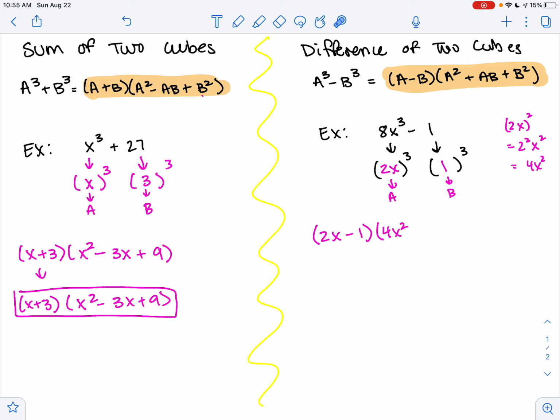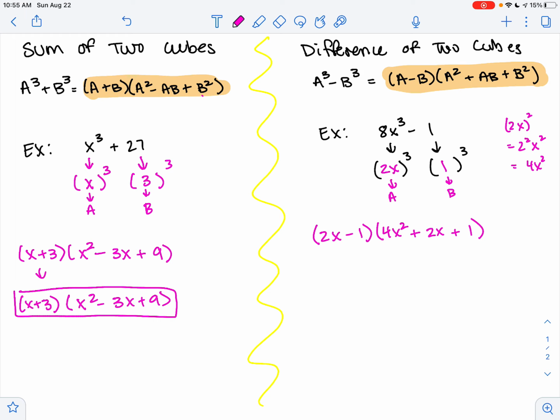Plus, I have a times b. 2x times 1 is 2x. Plus b squared. 1 squared is 1.